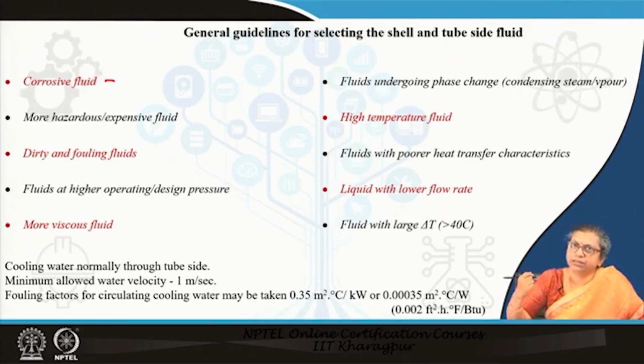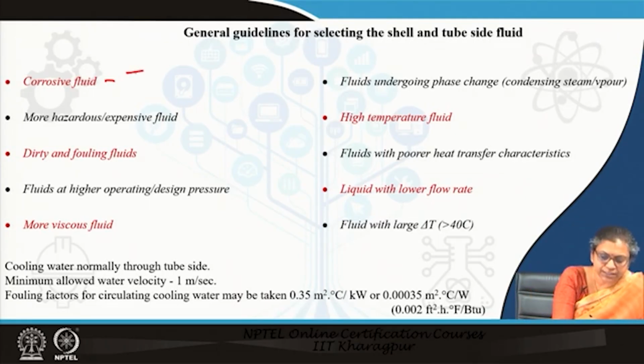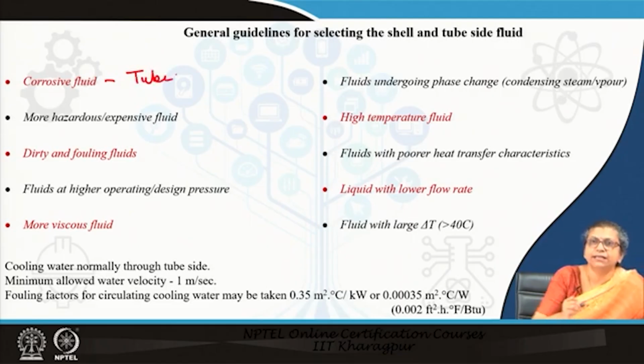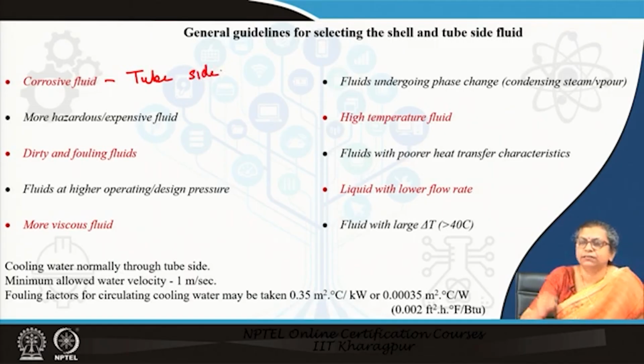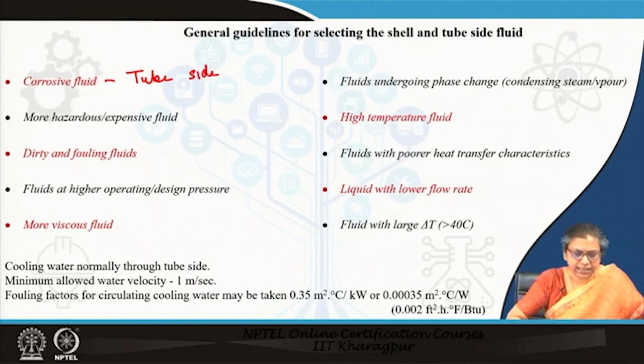In fact, you can take out tubes without even opening the shell. So, naturally, if the tube inner surface gets corroded, it is at least better, and more preferable as compared to the shell side, rather than both the tube outer surface and the shell getting corroded. So, therefore, we would prefer to keep a corrosive fluid inside the tube. Same way, more hazardous fluid.